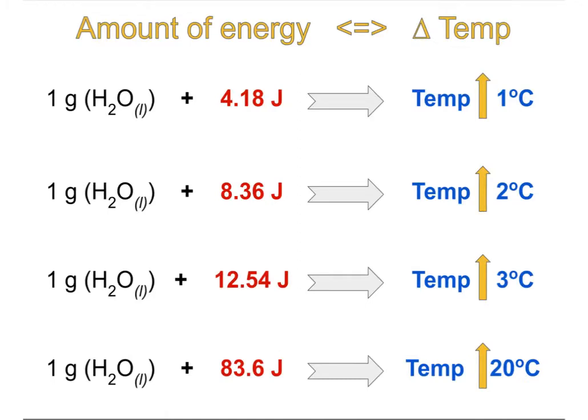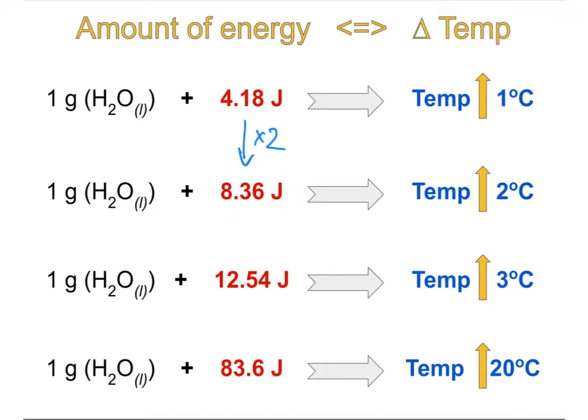Another thing that we need to keep in mind is the change of temperature that we are trying to achieve. If I want to see a 1 degree change in temperature for 1 gram of water, I would transfer into it 4.18 joules of energy. That will do the trick. But if I want more than that, if I want to see a 2 degree Celsius increase in temperature, I would have to transfer double the amount of energy.